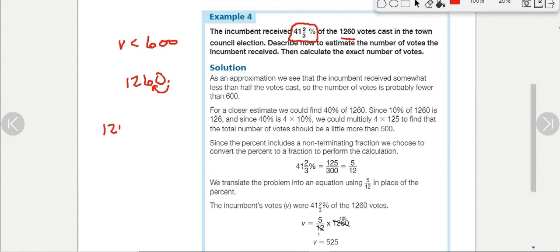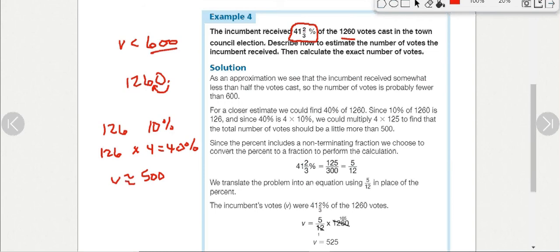If 126 is 10%, what's 40%? Which is about the same as 41 2/3. Well, we just multiply by 4, right? To get 40%, sorry. 126 times 4 is like 480-ish. 500 about. So that's like 500 votes. So now we're even closer than we were. Less than 600. How about it's about 500?